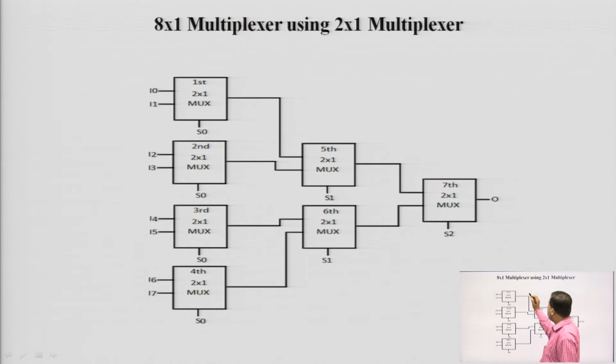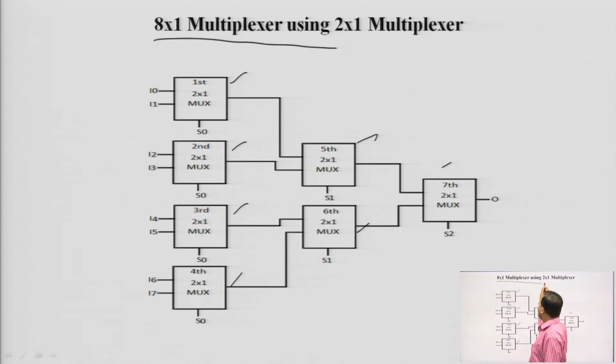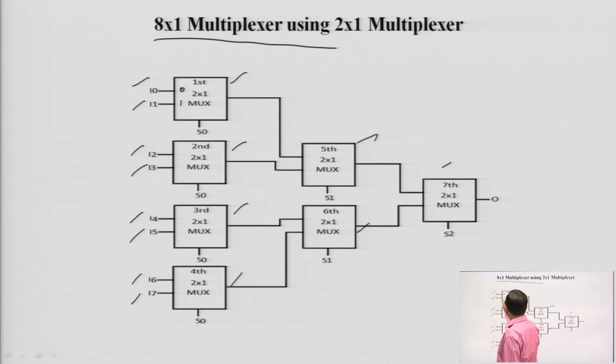So, we need 1, 2, 3, 4, 5, 6, 7, that is 7, 2 cross 1 multiplexers to implement an 8 cross 1 multiplexer, because we have to take 8 input lines: I0, I1, I2, I3, I4, I5, I6, I7. Each multiplexer has inputs 0 and 1, and the last stage also has 0 and 1.